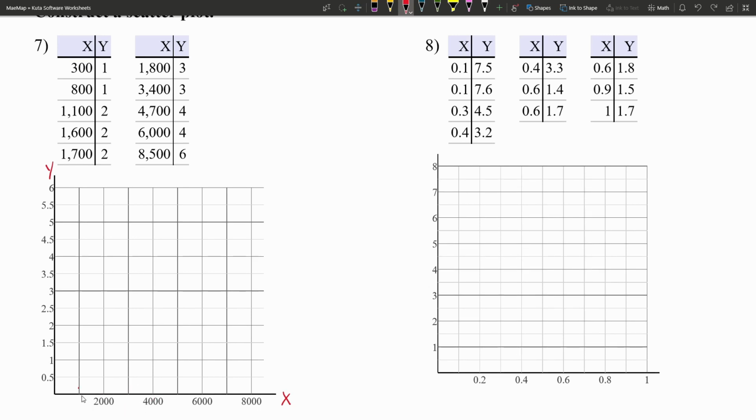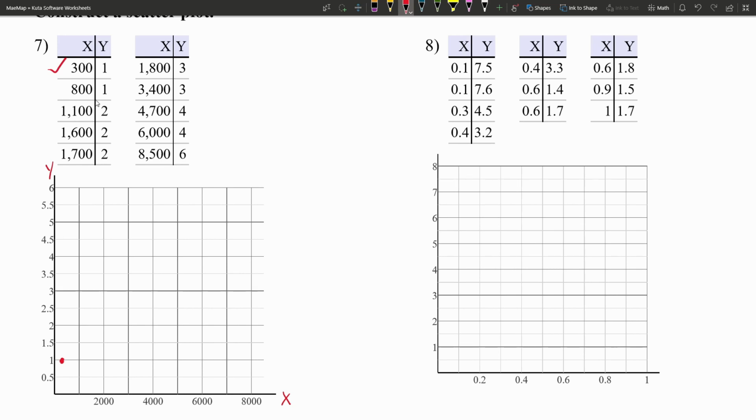And we know that 300 is a little less than halfway between 1,000 and 0. So I'm going to put 300 in the x at approximately here. And then we need a value of 1 in the y. So if we're right here for 300 in the x, a value of 1 would put us here. There's our first point. And I'll put a check to signify that we've plotted it.